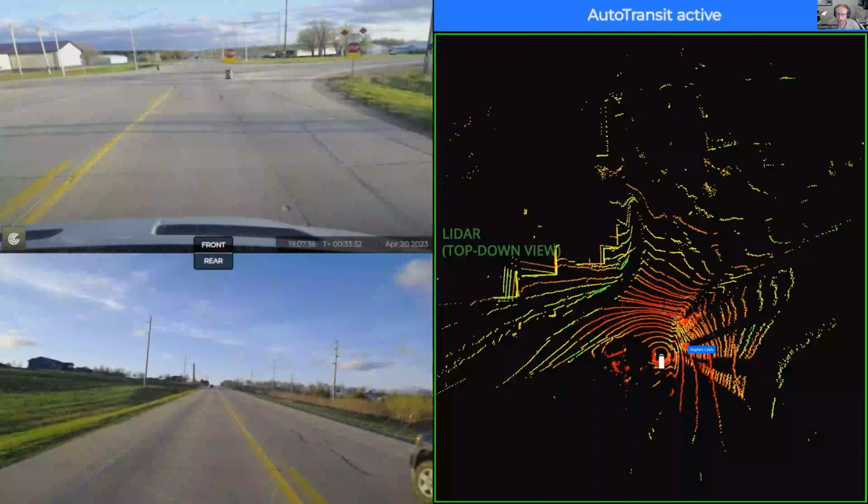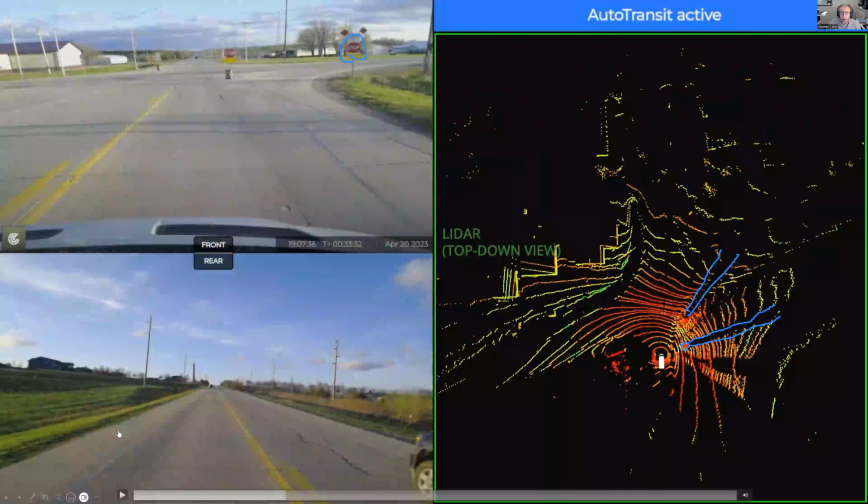Here is, I believe, one of the stop signs, and what that does is cause a shadow off the back, behind that obstacle. And so it's areas like these where the LiDAR is in effect blind to what's happening behind it.